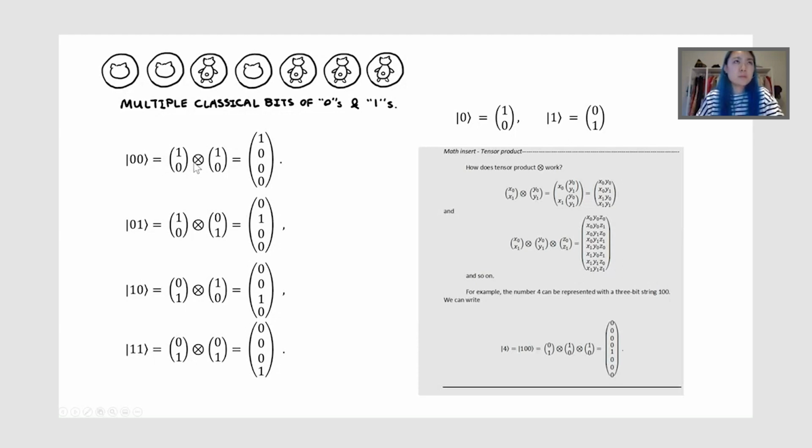And you can describe them as these tensor products of 2 independent bits. These are just 2 vectors, and then you will obtain a 4x1 vector for each combination. So in total, you will have these 4 options.